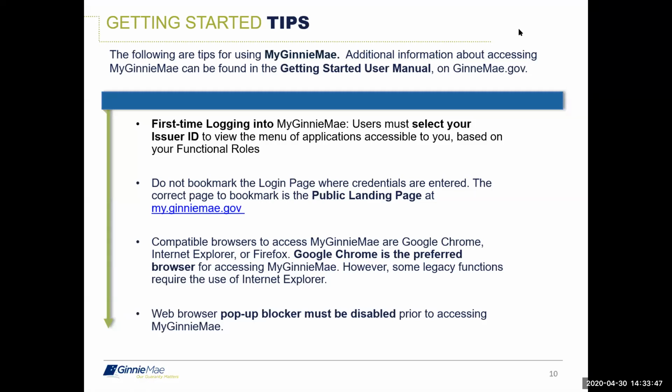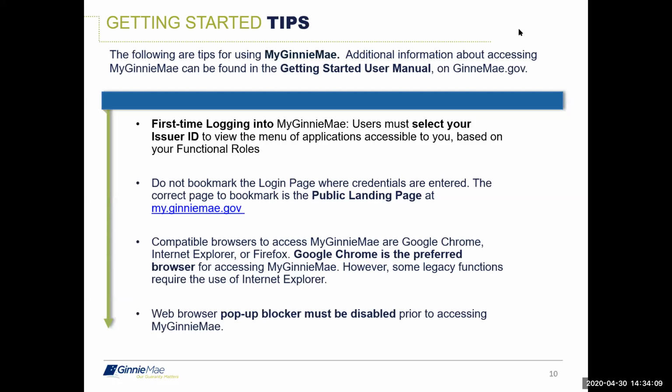But the first time you log into MyGinnieMae, so you've already completed the new user registration form and you've received your emails welcoming you to MyGinnieMae, the first time you log in, you must go to My Profile and select your issuer ID.